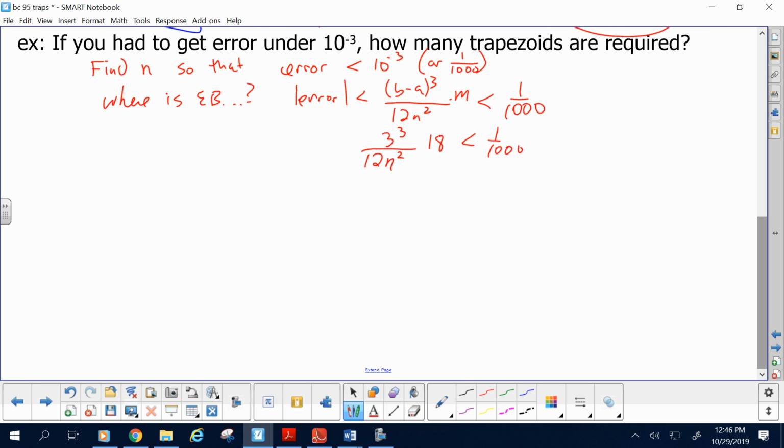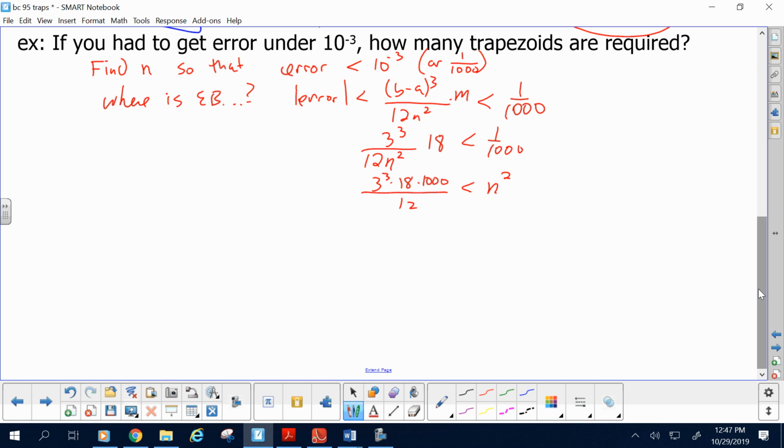Okay, so if I solve for this, N squared is 3 cubed times 18 times 1,000 in the numerator and 12 in the denominator. I move the n squared over, multiplying both sides by n squared, and the 1,000 over. You should always be worried when you have an inequality: should I switch the sign, should I not switch the sign? Tell me why I don't have to switch the sign. There's no chance of negative. N squared is definitely positive, 1,000 is definitely positive, we're all good.